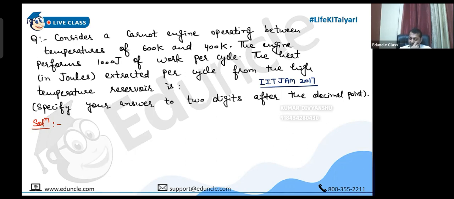Means Q1, high temperature reservoir means source. You need to calculate Q1. If he asks you about the heat given to the cold reservoir, then it will be Q2.